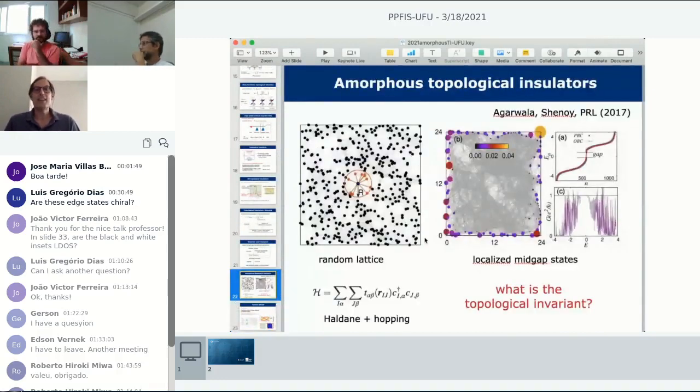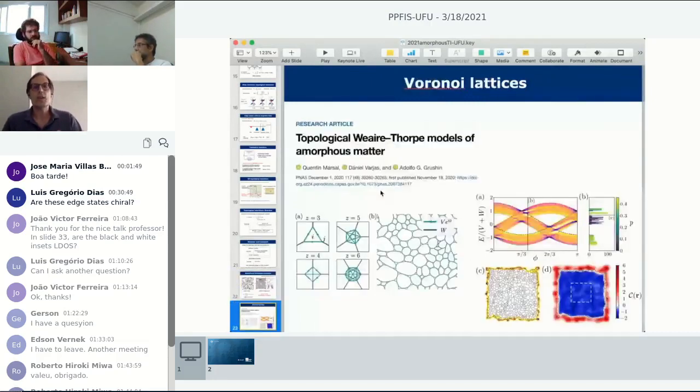Let me just say that in the meantime, I'm following the literature closely, and there are probably 20 or 30 papers on different models for amorphous topological insulators published in different journals. I selected just one, which appeared in PNAS, Proceedings of the National Academy of Sciences, in December last year. These guys started to worry that if we talk about amorphous matter, we should not talk about a random lattice.